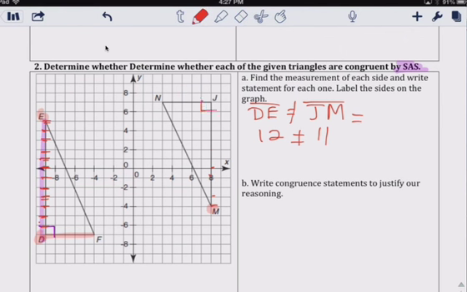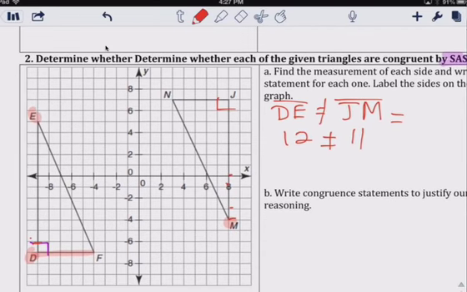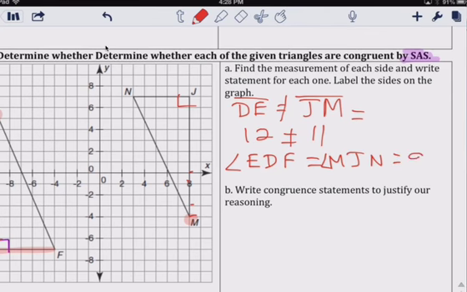But angle, oh my goodness. They're not equal. I did all the counting. Okay, so angle EDF is equal to angle MJN, which is equal to 90 degrees.